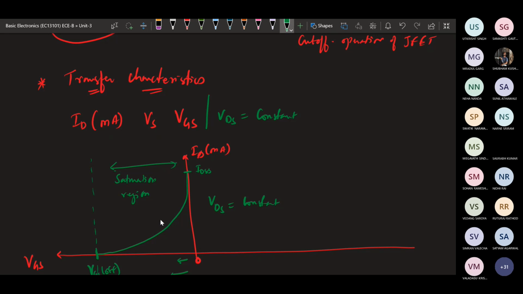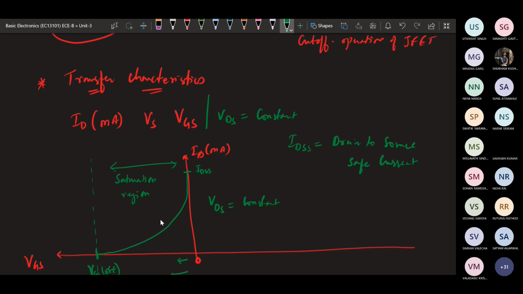This is called IDSS, drain to source safe current. Safe current means this is the current that can pass safely through the JFET.